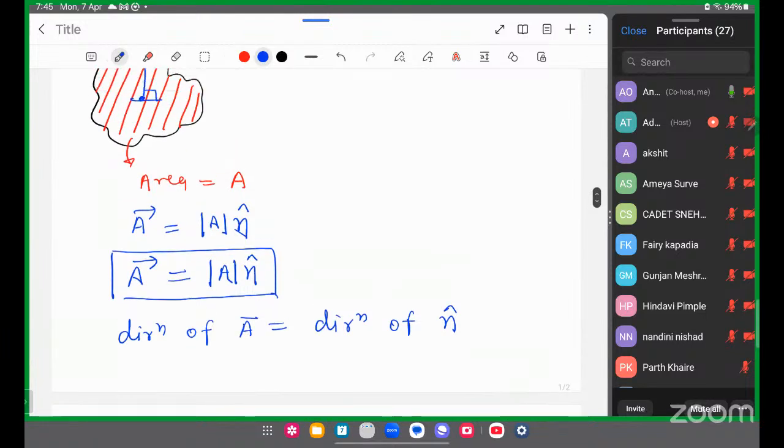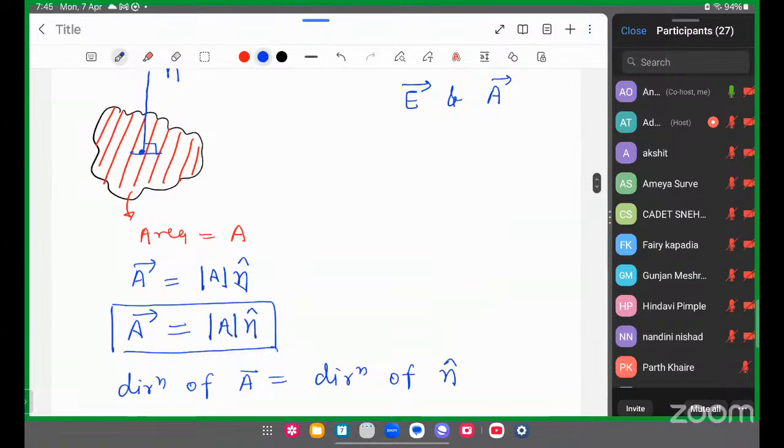If the surface is open, this will again be the normal vector, and if it is closed, again the direction of area vector will be the direction of normal vector. In case of a closed surface, the normal vector will be in the outward direction. Like if we have a football, then the normal vector at the football surface will be radially outward.